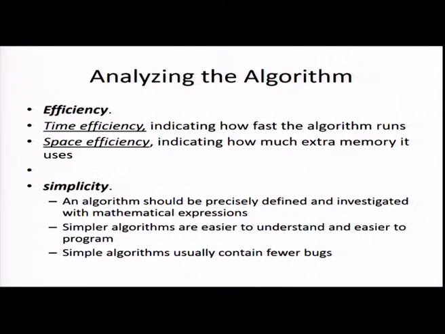It is how much memory space it is going to occupy for its execution, how much extra additional memory space it is going to occupy for its execution. That is determined with the help of space efficiency.